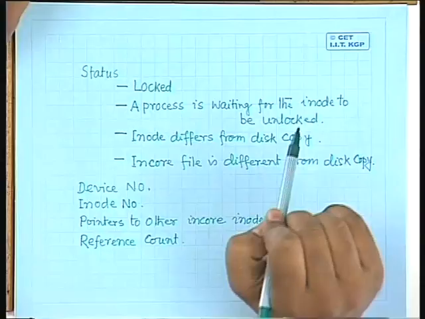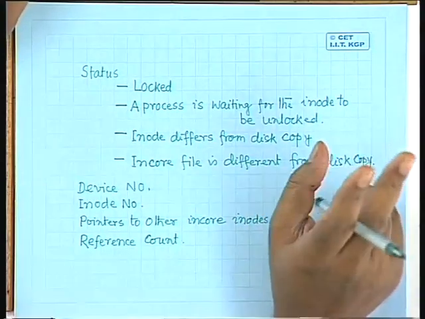But it may so happen that two processes have opened a particular file. The first process opened that file first, and because of that file open command, the corresponding inode has been read from the secondary storage, from the inode block, and it has made an in-core copy of the inode. Now the second process wants to open the same file. So it will get the inode number of the file.